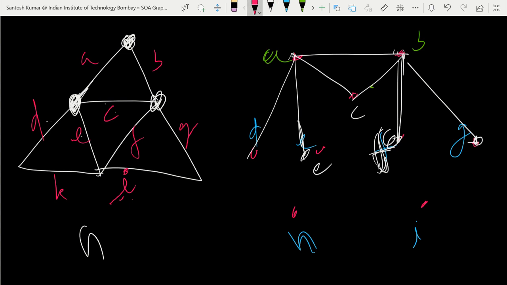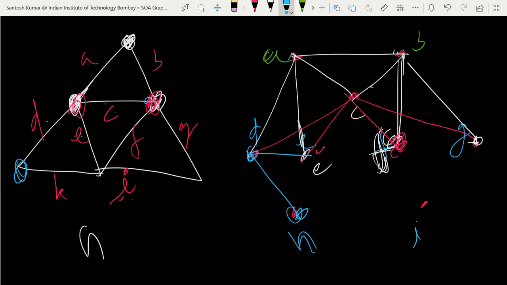Come to C. C shares its vertex with D, E, A. So E, D, A. Here C shares with B, F, G. Now come to D. D shares with E, C, A, and on this side D shares with H.